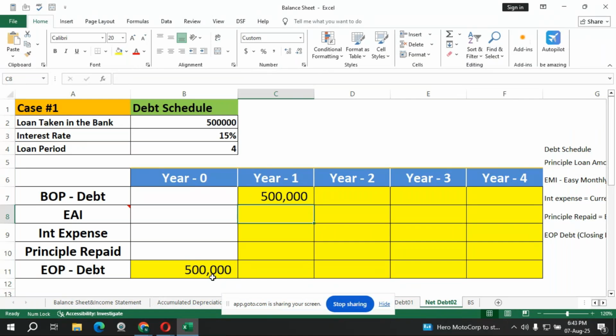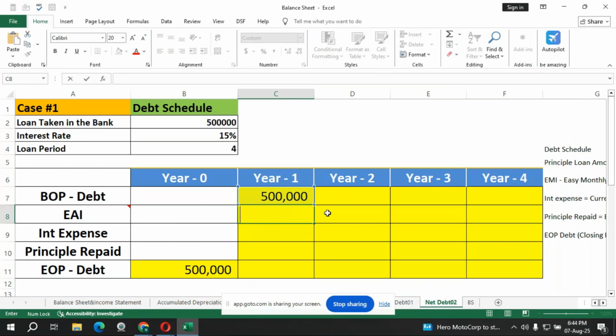Now you have to calculate your installments. In all the 4 years you have equal annual installments or easy annual installments. Same thing how we did for the debt schedule, 5 lakh divided by 4 years. This is the amount you're going to get. So with interest, how much you're going to get? How do you calculate your EAI or the EMIs?